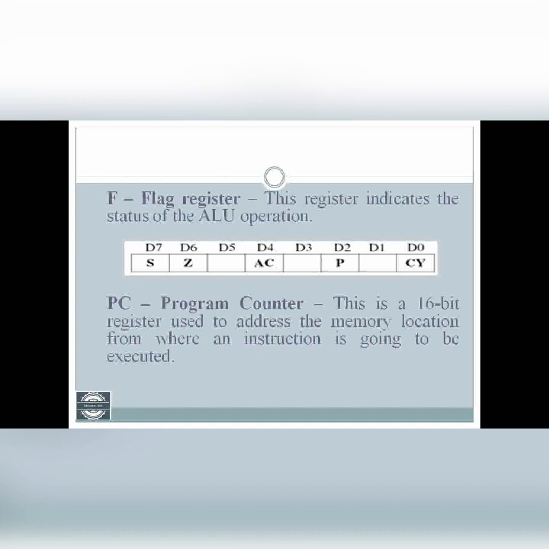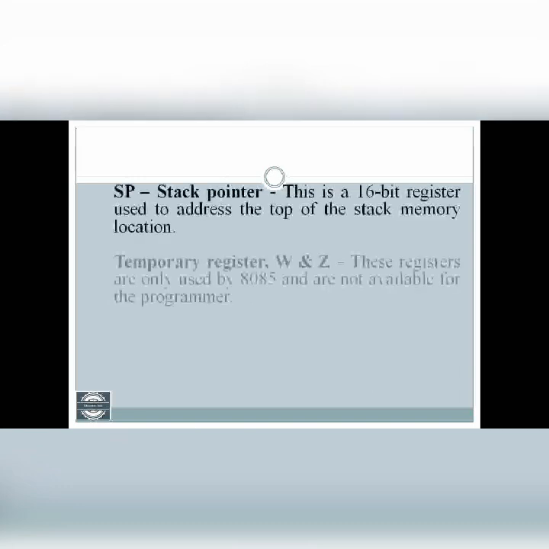Z is called zero, CY gives you the carry, S gives us sign, P is parity, and auxiliary carry gives you the AC flag. These are the most commonly used flags, and zero, carry, sign give you all the details.